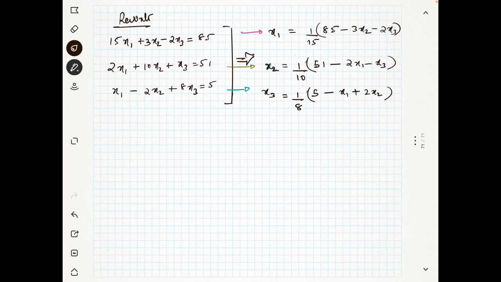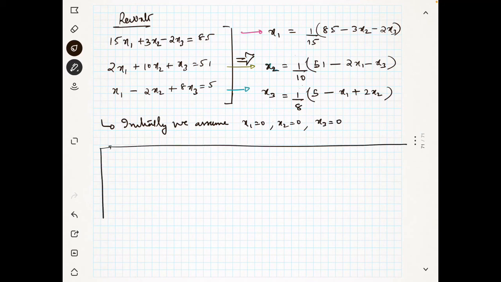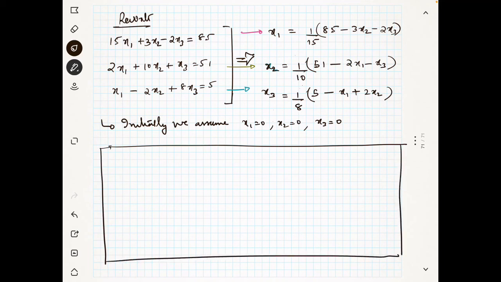Now we are going to draw a table. Initially we make an assumption: x1 equal to 0, x2 equal to 0, and x3 equal to 0. Then iteratively we will proceed. So what is my x1, x2 and x3?